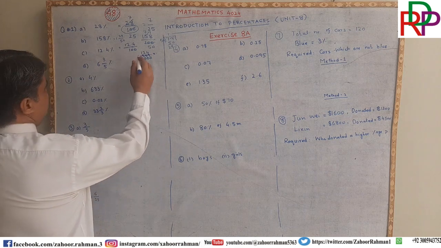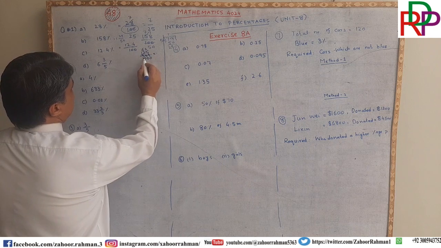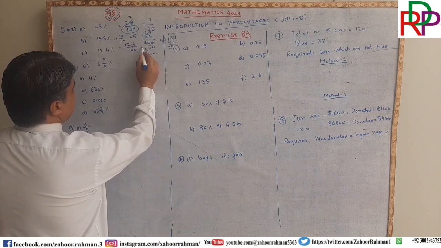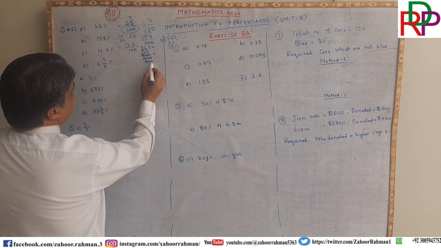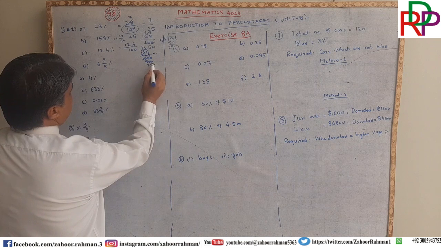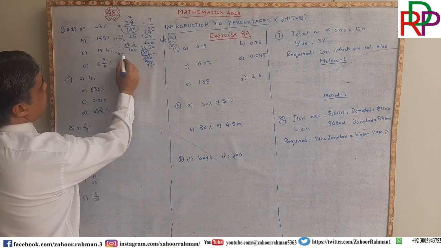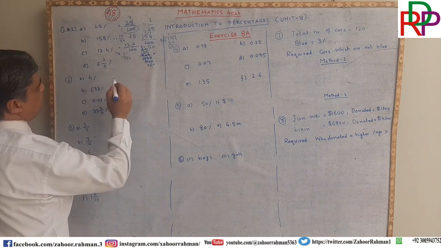So 124 can be divided by 2 and 1000 by 2 giving 62 and 500. Again it is divided by 2, 31 and 250. So the answer of this question is 31 divided by 250.